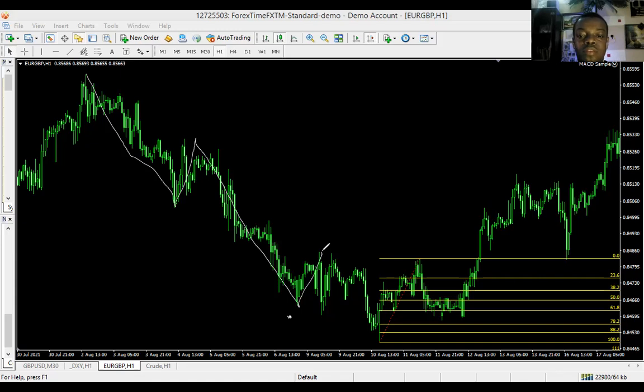It pulled down to this point. This is the last point. So now I want to see what happens when this retracement happens.